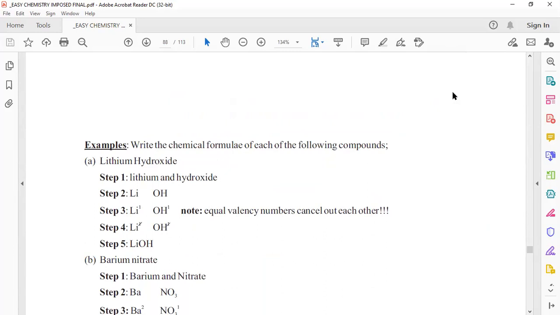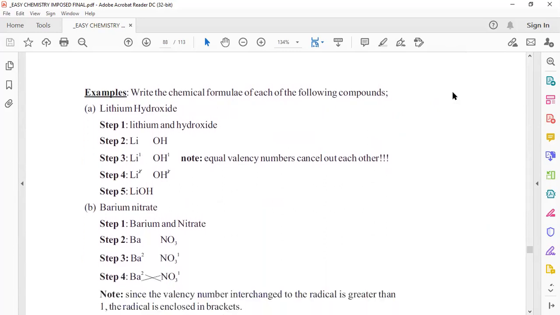So we have lithium hydroxide. In lithium hydroxide, we have lithium and we have hydroxide as a radical.